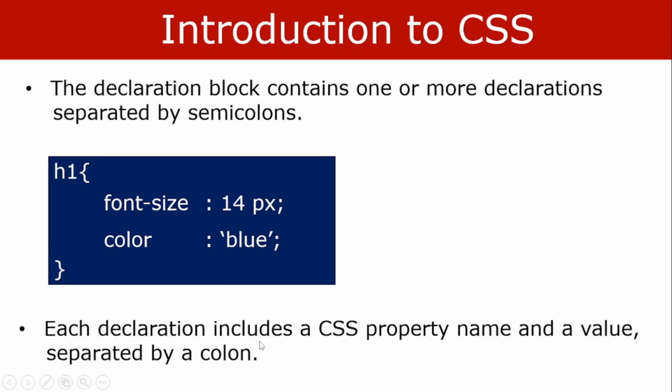Each declaration includes a CSS property name and a value separated by a colon. So the left side of the colon is the property, and the right side of the colon is the value.